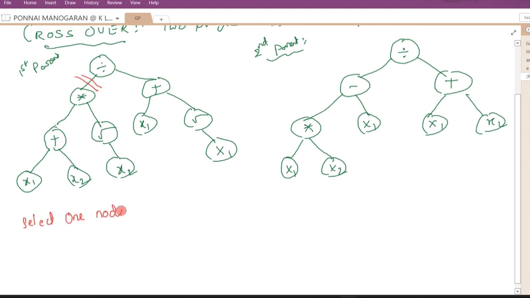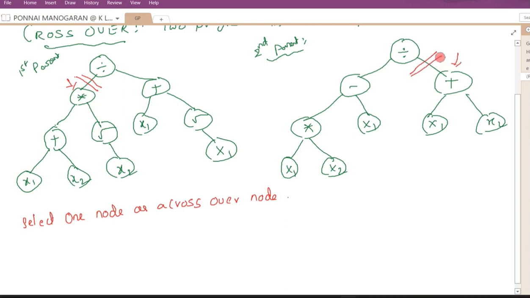Let us say I will select this point as a random node. Similarly, for the second parent, I will select this as a random node. So this is the crossover node, and I will break the second parent at this location.